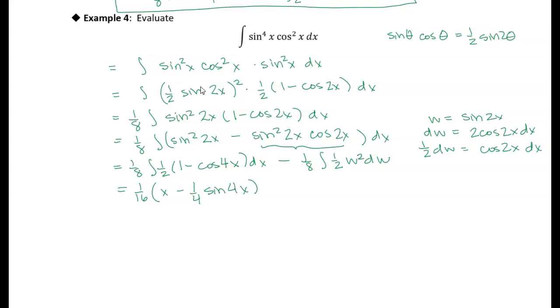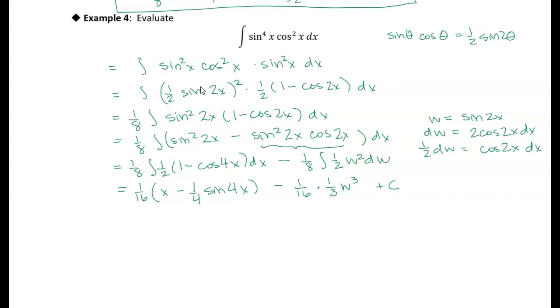And now over here, I pull the 1/2 out, so it becomes 1/16 times the integral of w squared, which is 1/3 w cubed, plus c. Really all I have left to do is clean this up a little bit and replace the w with sine of 2x.